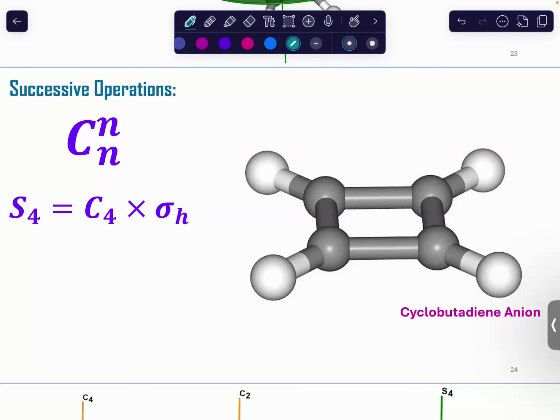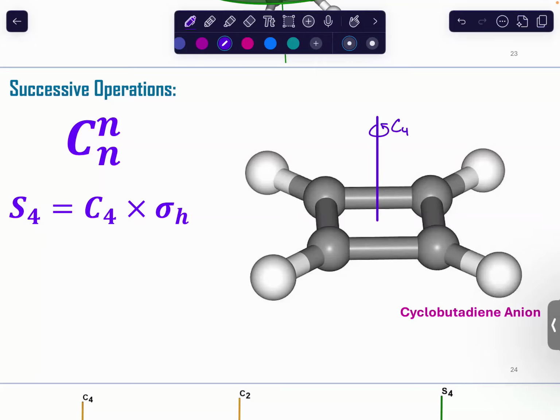Okay. So let's look at successive operations. So here's our cyclobutadiene anion, and we know that we have a C4 right there, okay?